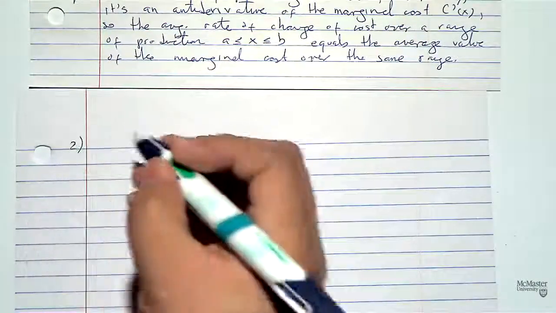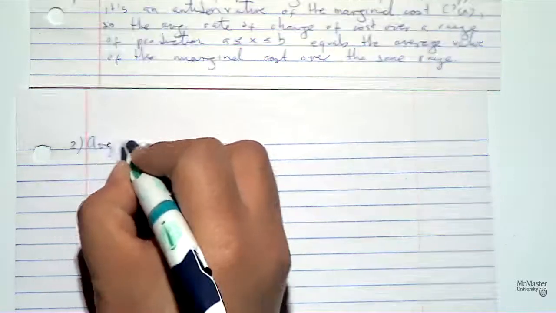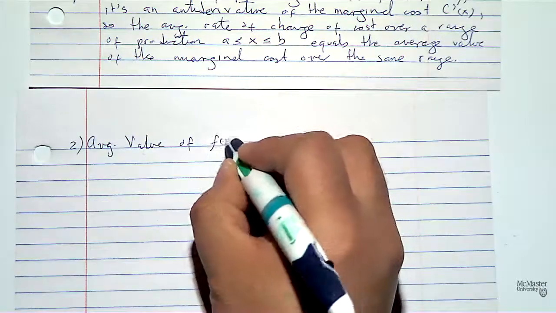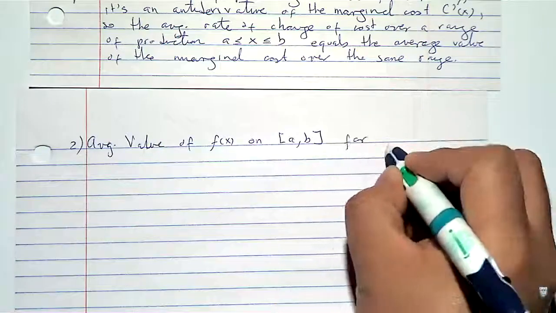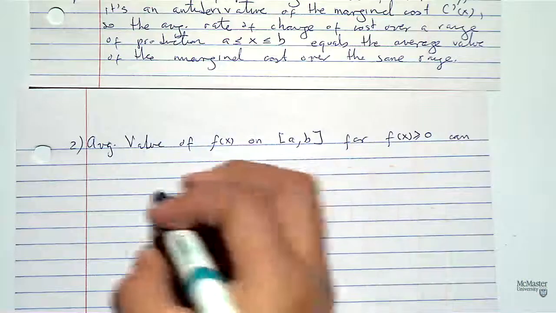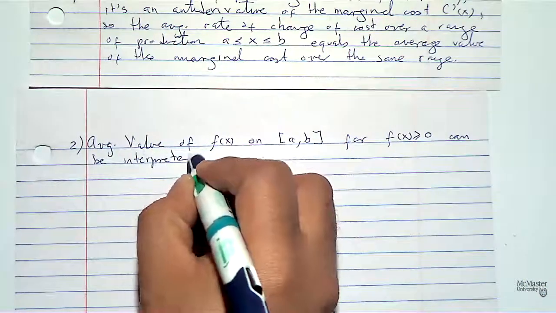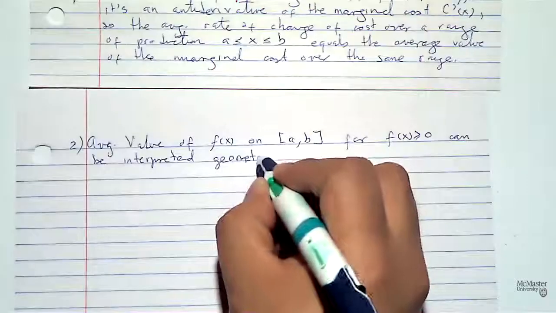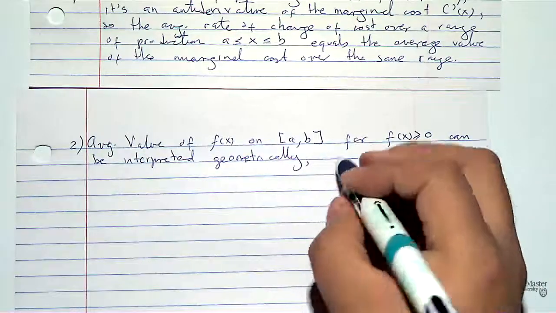So the second interpretation is to think of the average value of f of x on the interval ab, let's say for a function f of x which is greater or equal to 0, and that can be interpreted geometrically. This is something that I have said before, but I have stressed the concept in the previous examples.